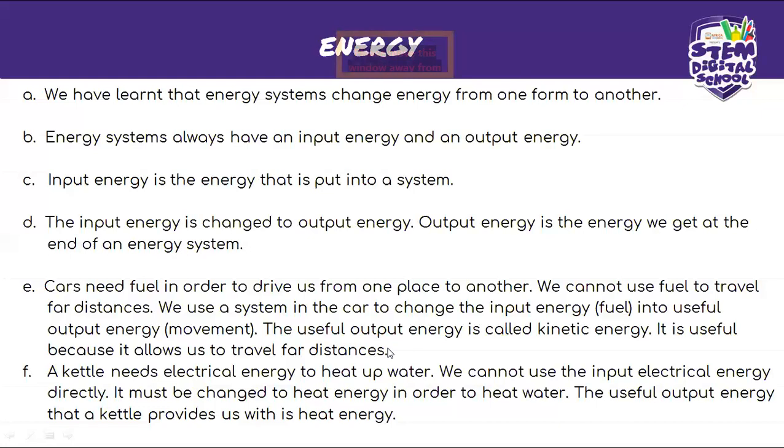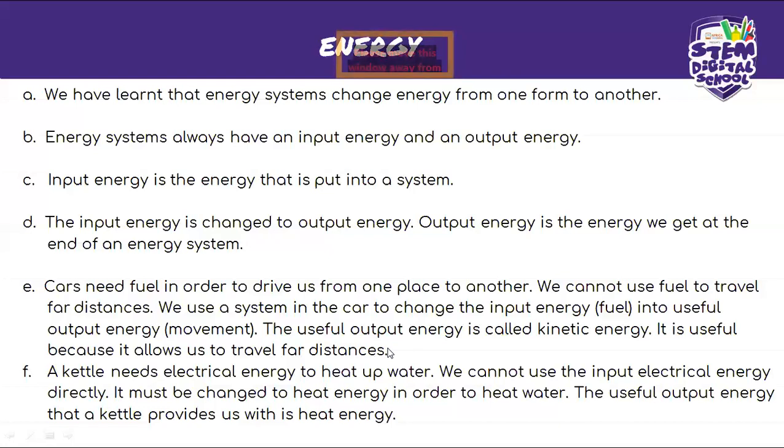All right. So we said a kettle is also one of the appliances that heat the water. It must be changed to heat energy in order to heat water. The useful output energy that a kettle provides us with is heat energy.